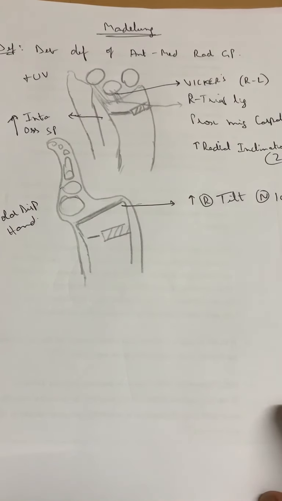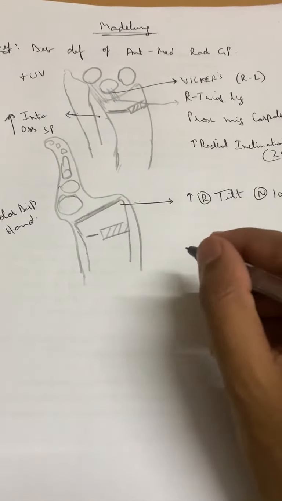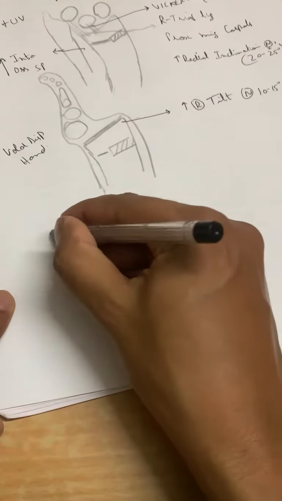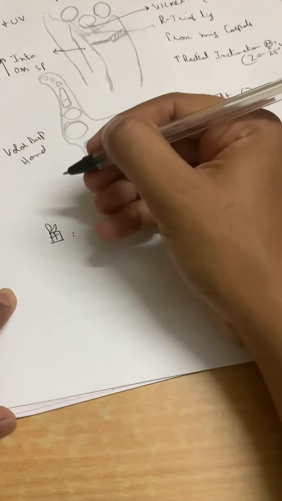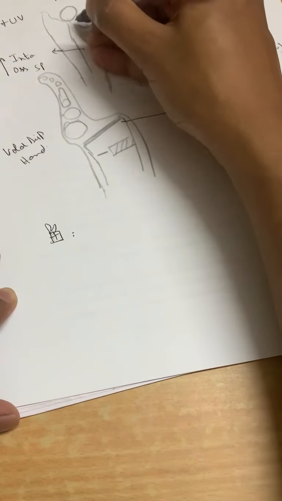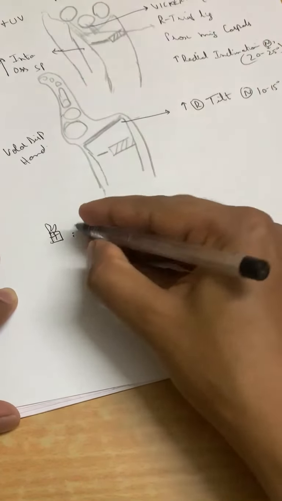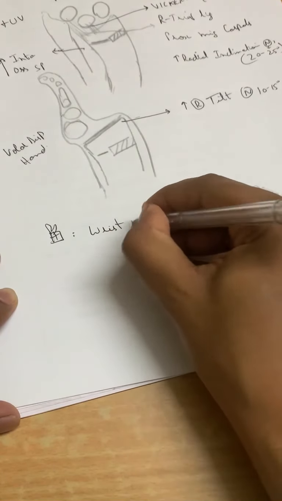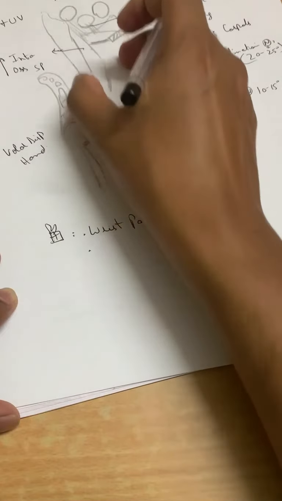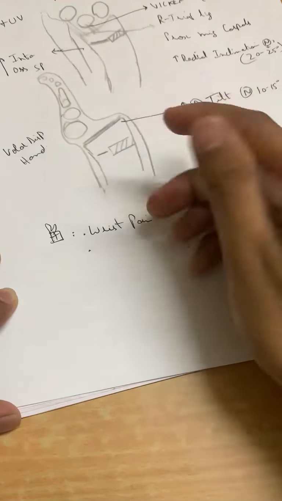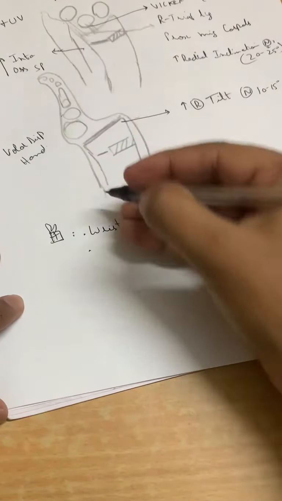Okay, so what will the presentation be like? Patient will present with obviously wrist pain, chiefly because of ulnocarpal impaction. Wrist pain, okay, and there will be broadening since there is a separation of both the bones, that is increased interosseous space.